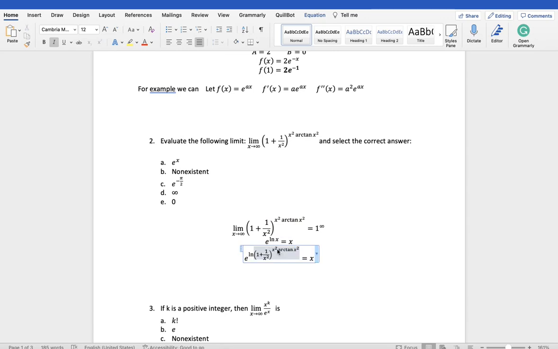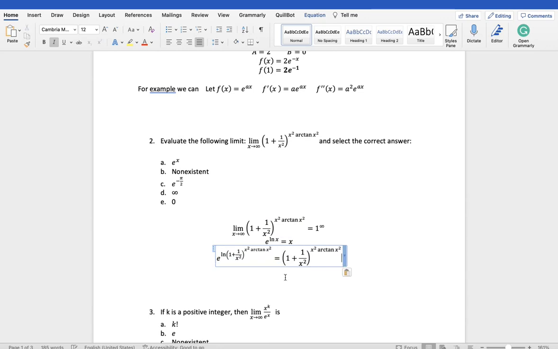Copy it and place it into that exponent, and that should be equal to the same thing. Now, when you're looking for the limit of the left hand side, you're basically looking for the limit of the right hand side as well, because those two limits are the same.